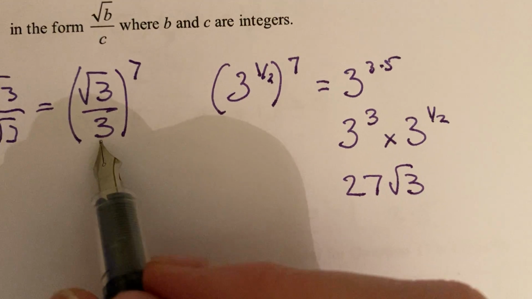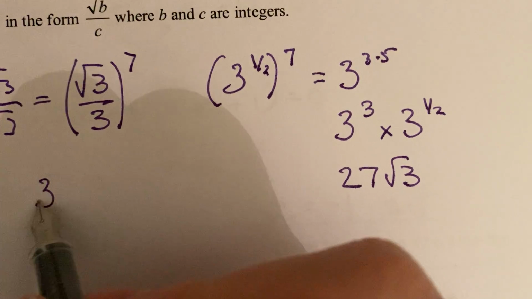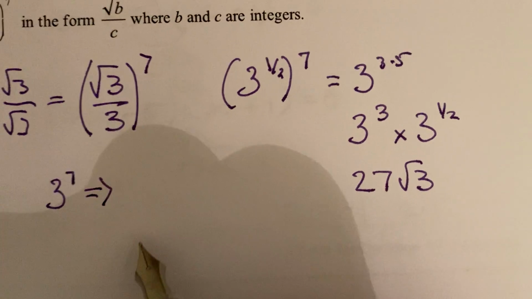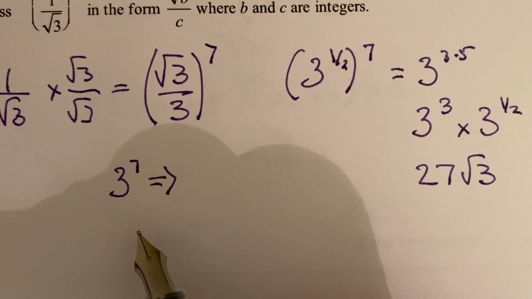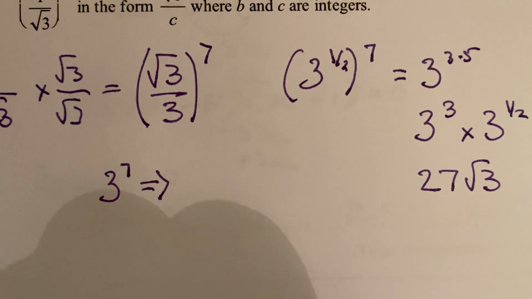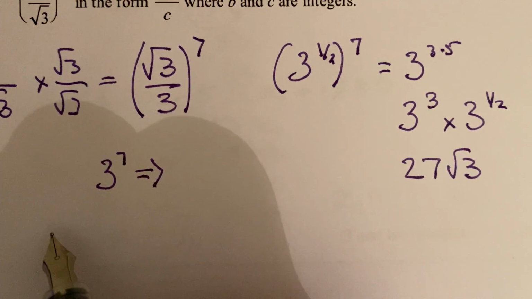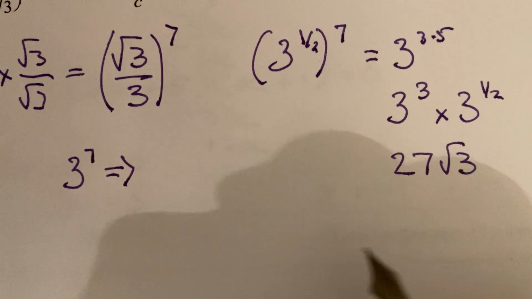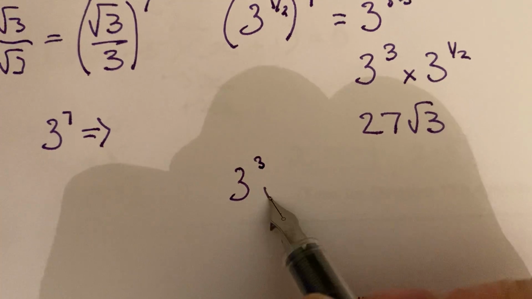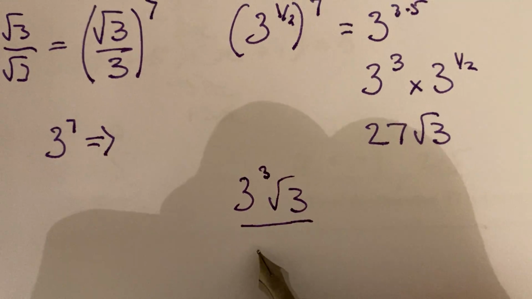And now the bottom guy here, 3 to the power of 7. This is for the denominator. Oh, crikey. This is where it gets a bit complicated and you have to try and work it all out. So 3 times 3 times 3. Gosh. But I know what I'm going to do. Put this out as a fraction first. Watch. Clever. Look at this.